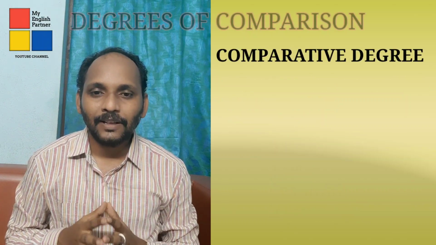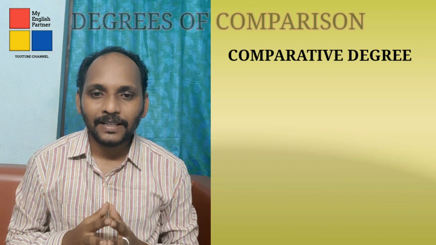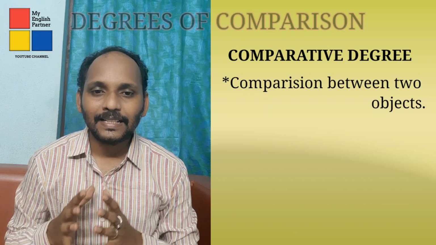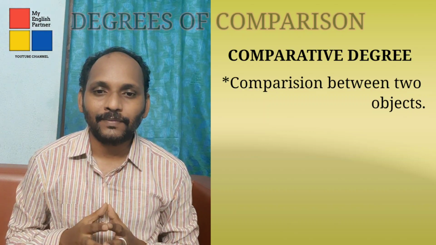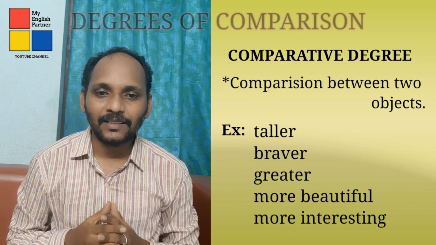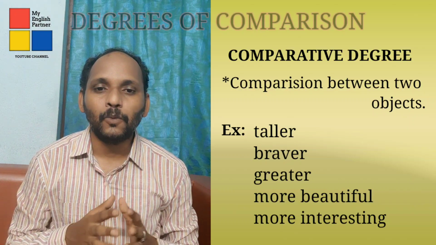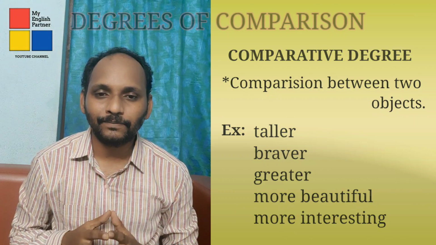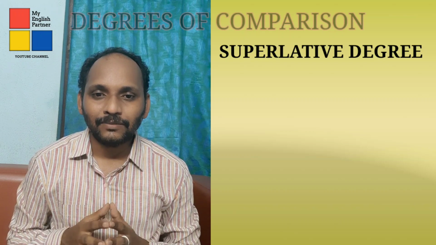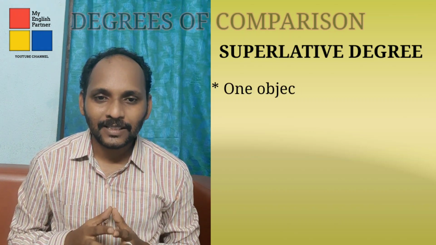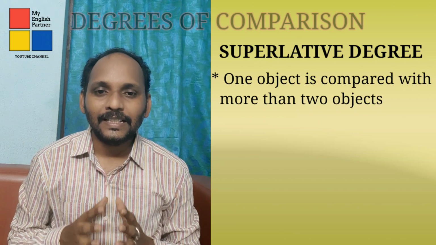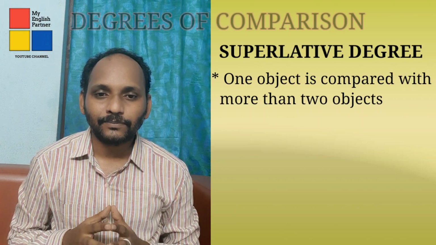Comparative degree. When an adjective compares one object with any other object, it is in comparative degree. Examples: taller, braver, greater, more beautiful, more interesting, and so on. Superlative degree. When an adjective compares one object with more than 2 objects at a time, it is in superlative degree.